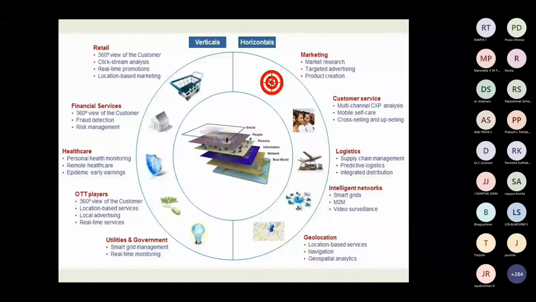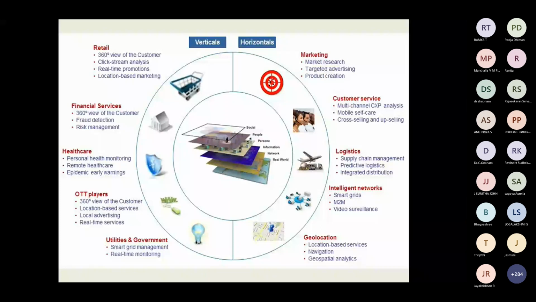It comes from whatever we do in regular days, like marketing research and customer services, logistics, and intelligence networks, and how they provide 4G and 5G in cities, urban areas and rural areas.